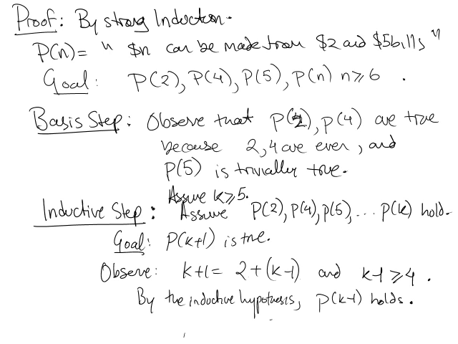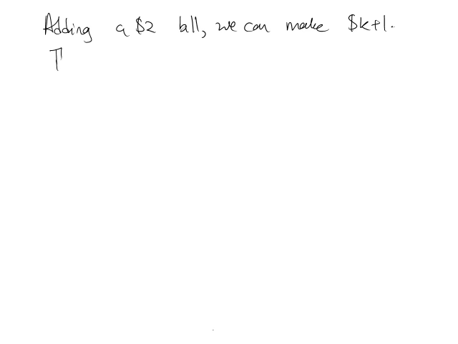Because there is a way to write k minus $1 in $2 and $5 bills. And now we're done because if we add another $2 bill, we get k plus 1. Okay, and this completes the induction.